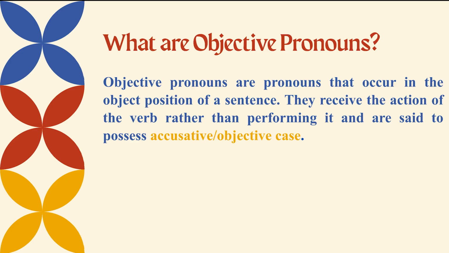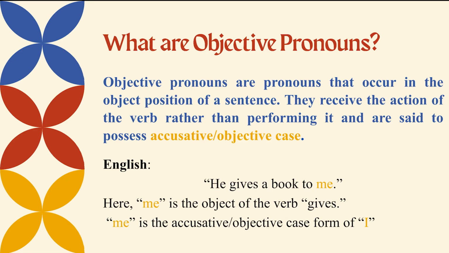We will also use another term, experiencer, for the one who receives the action of a sentence. So, when you say in English, he gives a book to me, here the word me is the object, and this is an object of the verb give.